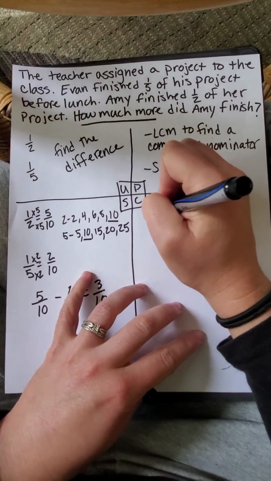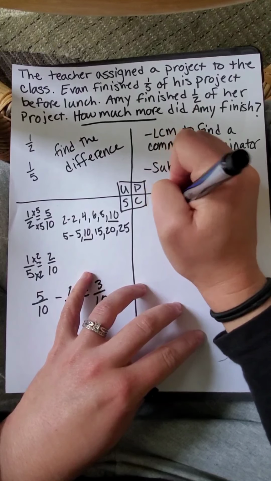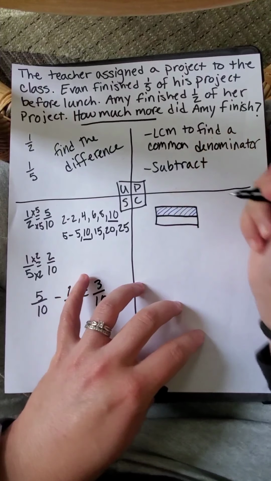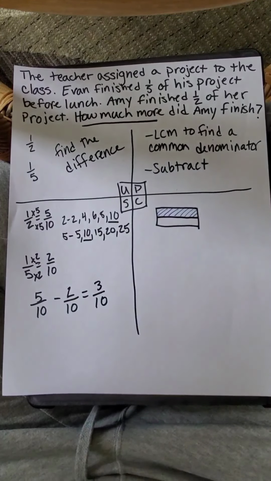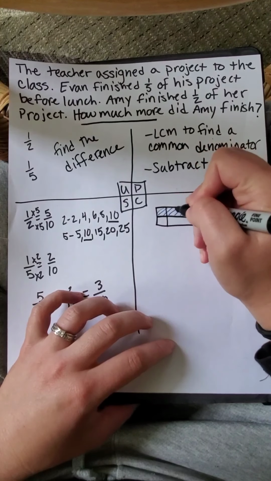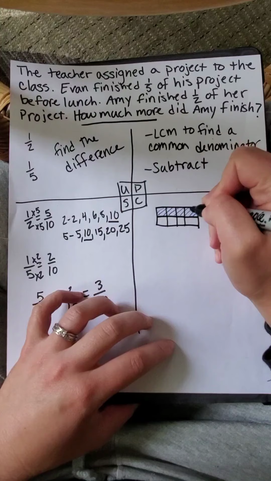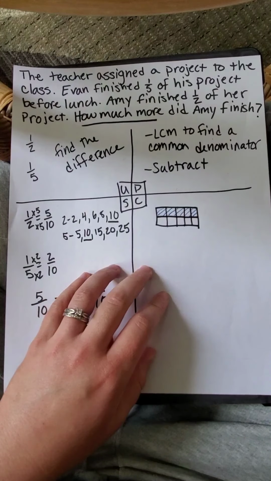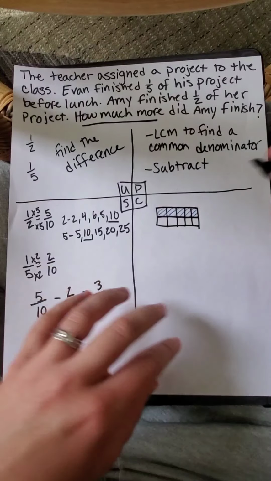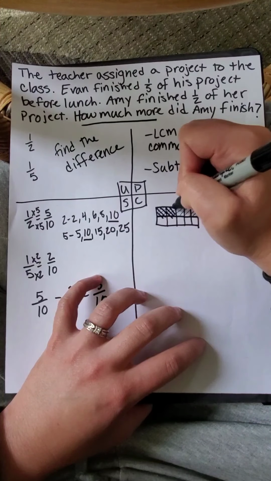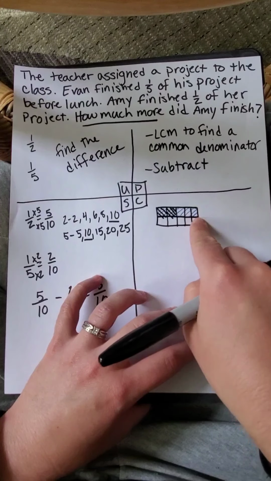So Amy finished half of her project. Adding in my fifths for Evan, and Evan finished 2/10 of his project, and I have 3 left.